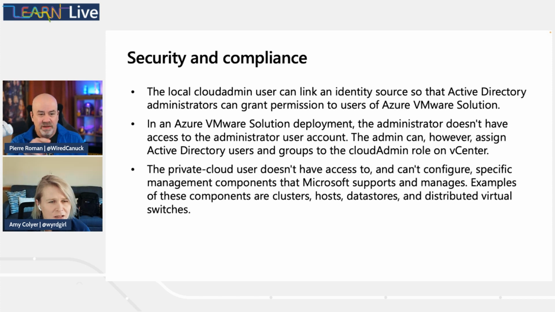The private cloud user doesn't have access to and can't configure. So the local cloud admin user can link an identity source so that Active Directory administrators can grant permissions to users of Azure VMware Solution, AVS. In this solution deployment, the administrator doesn't have access to the administrator user account. The admin can, however, assign Active Directory users and groups to the roles.